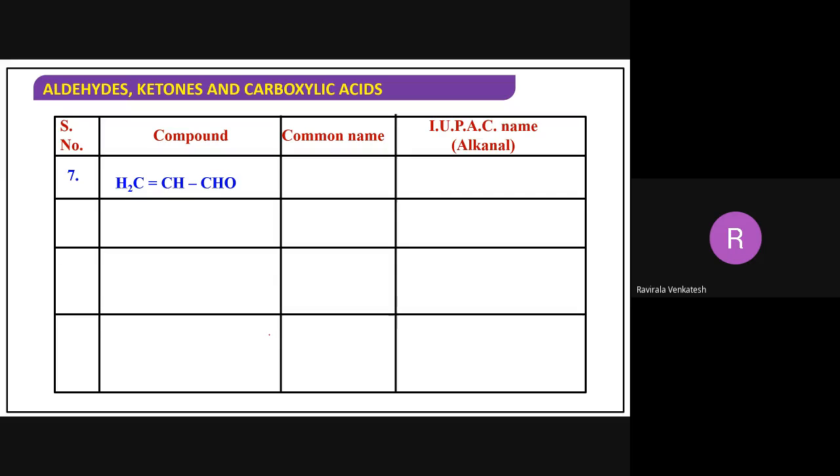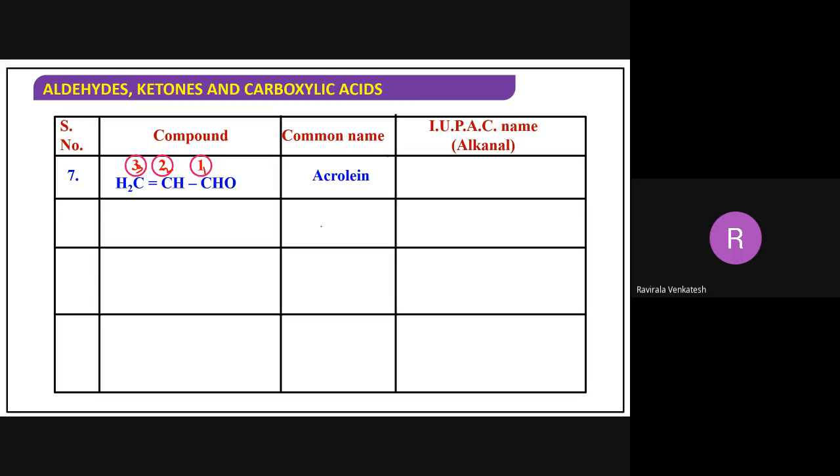Now here a double bond is there. In that case what happened? We can give numbering from the functional group side. The second carbon is having the double bond. Therefore total carbons are 3: pro, en, al. Propenal. The common name in this case is acraldehyde, isn't it? Because you're having a double bond, we can call it acrolein or acraldehyde.